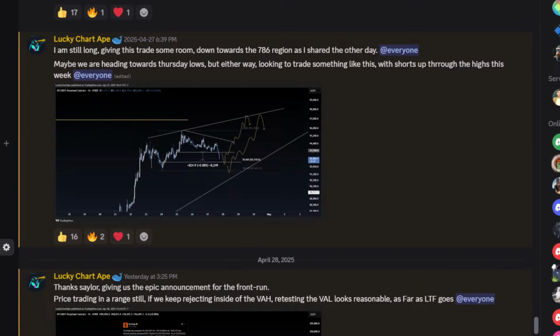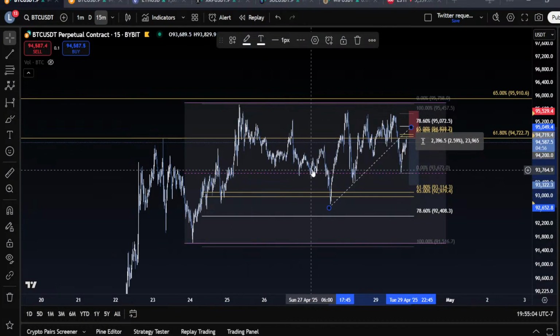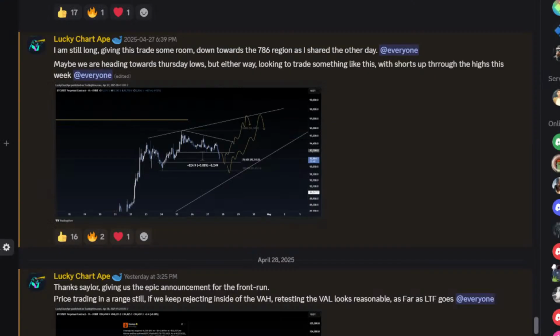But anyways, let me go back to the 15-minute chart here. You know, that was here, like taking all these lows, just held along through here. Where am I here?